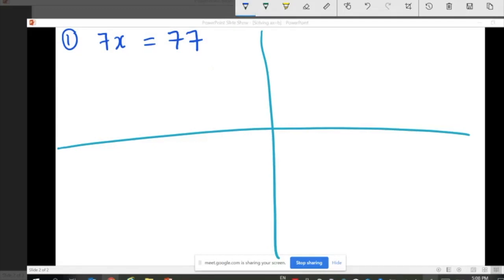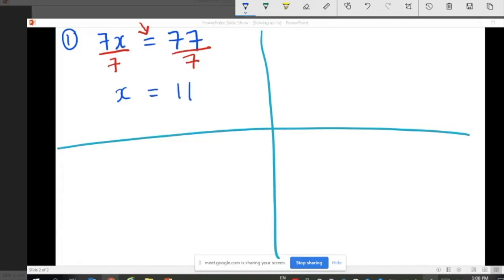Notice for an equation, the equal sign is always in the center. You should not write any equal sign in front at all. So make sure your equation is at the center. So in order to find what is 1x, I need to take 7x divided by 7 so that I can get a positive 1x. So my answer is x equals 77 divided by 7, which is 11.